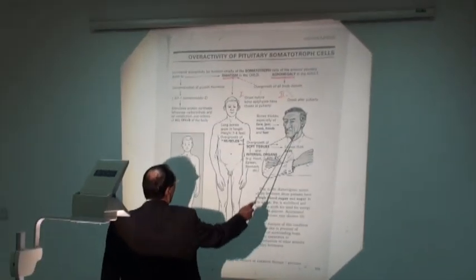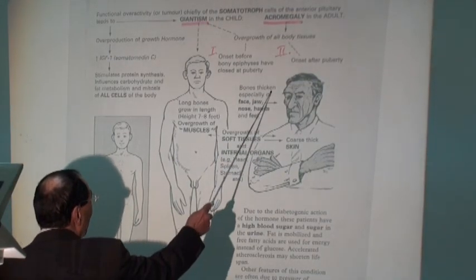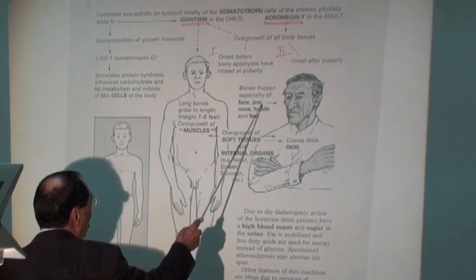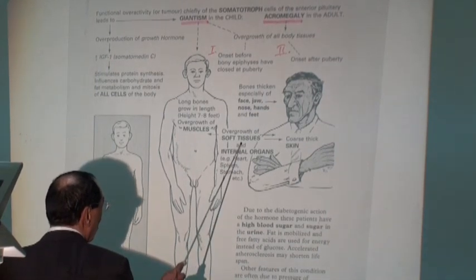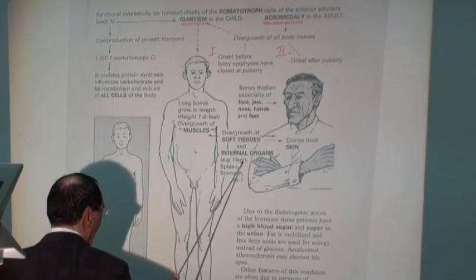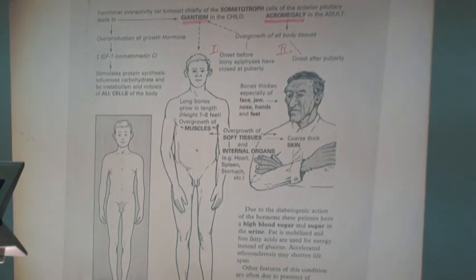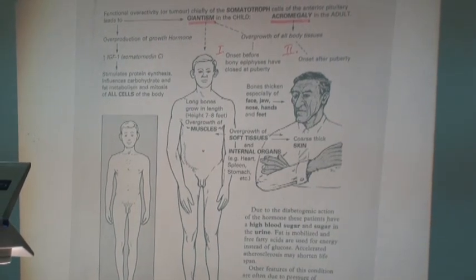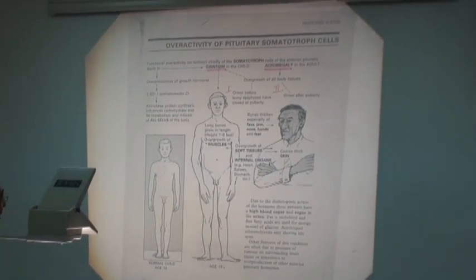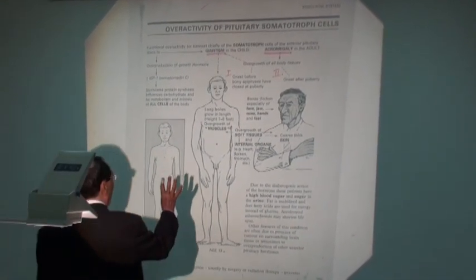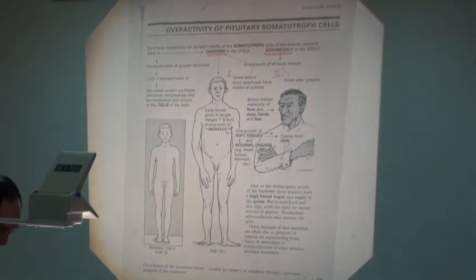The person is called acromegalic. There is thickening, especially of face, jaw, nose, hands, and feet, and overgrowth of soft tissues and internal organs such as heart, spleen, stomach, etc. Then you see the over-secretion produces either giantism or gigantism, and acromegaly, producing either giants or acromegalic individuals.